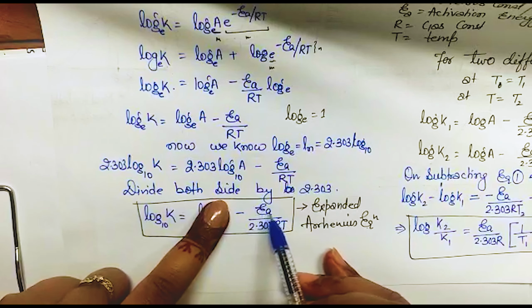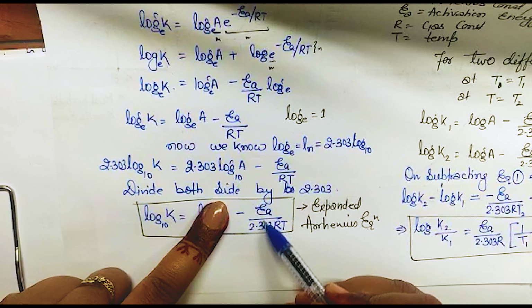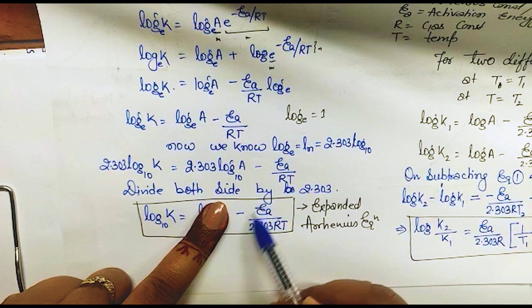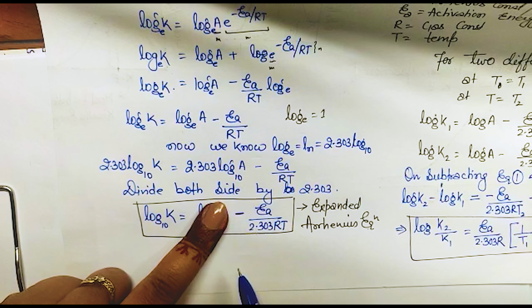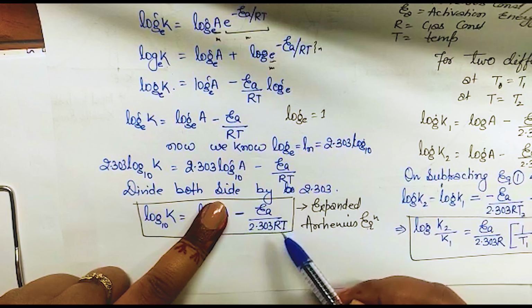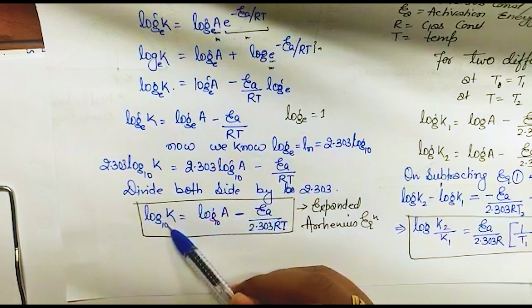If I'm increasing the temperature, the activation energy will decrease because it is having a minus sign, inversely proportional to it. So if we increase the temperature, activation energy decreases, and when activation energy decreases, rate constant increases.